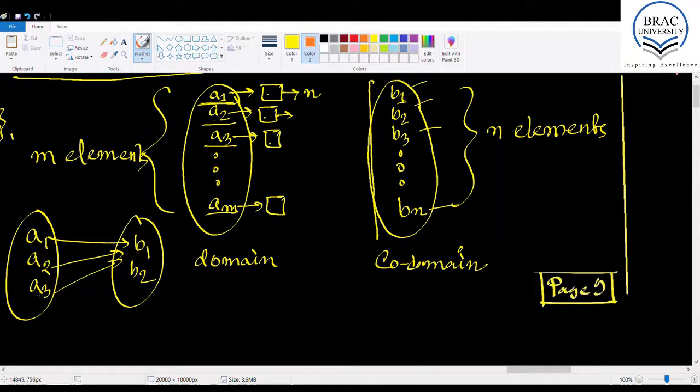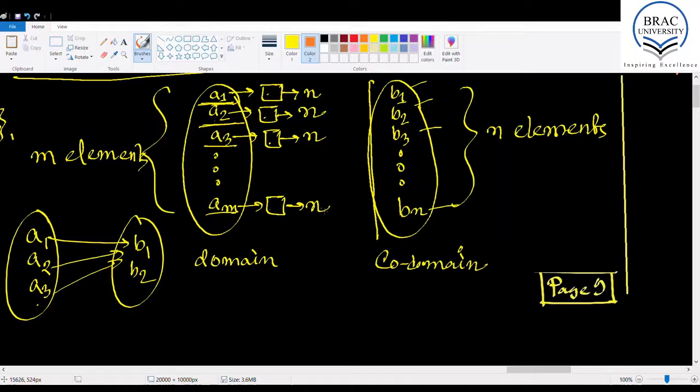So all of the elements of the domain can have the same image. So a2 can also have the same image as a1. So for a2 there will be n elements available as well. For a3 there can be n different images. For am there can be n different images.